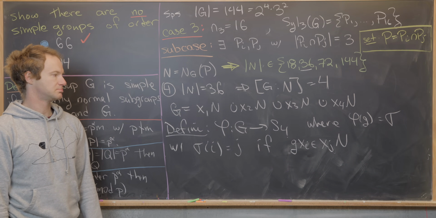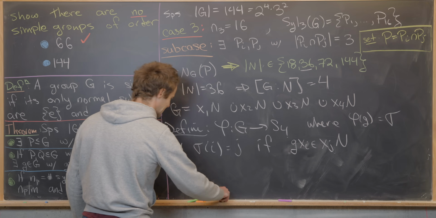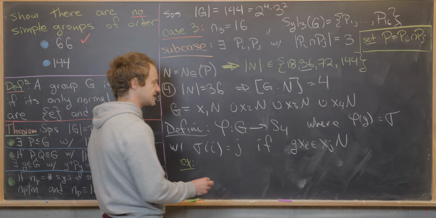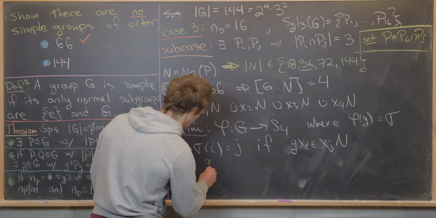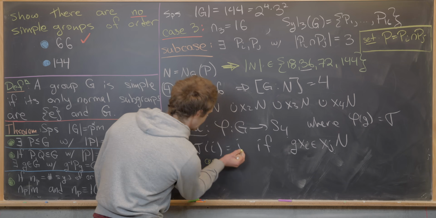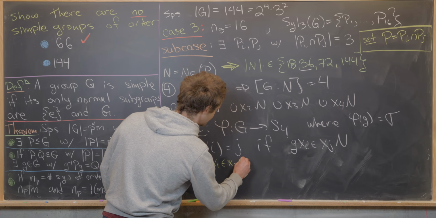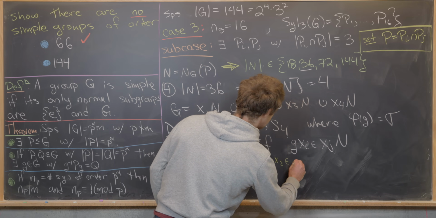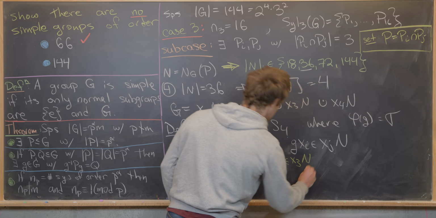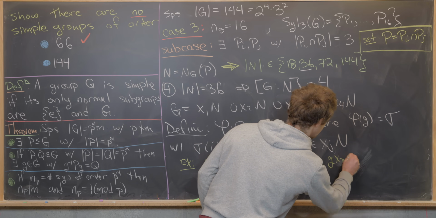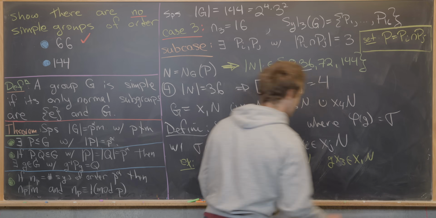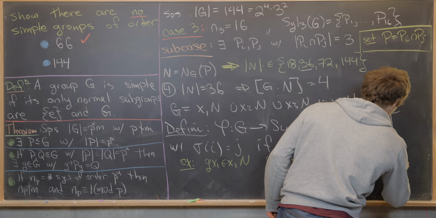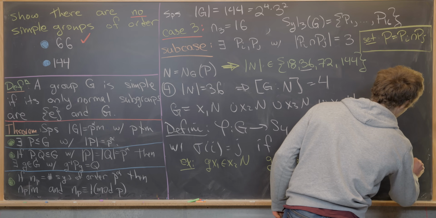Okay, so let's maybe do a little bit of an example to see how this is constructed. So let's say that g has the following property. g x1 is an element from x2N, and then let's say g x2 is an element from x3N, and then finally g x3 is an element from x1N, and then maybe g x4 is an element from x4N.